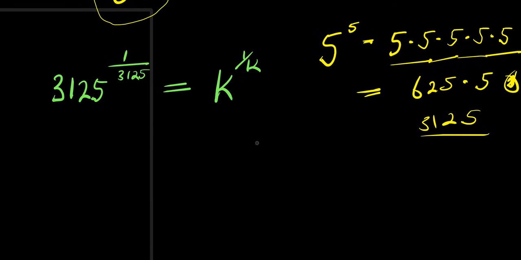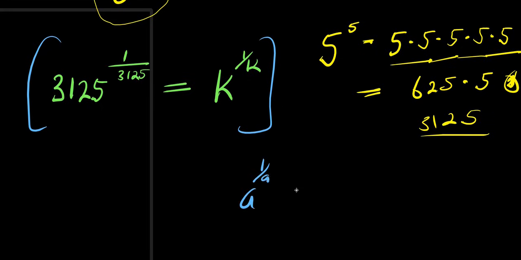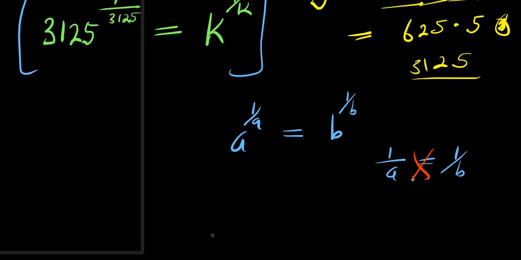Now, this is likened to this particular scenario. If you have a to the power of 1 over a equals b to the power of 1 over b, 1 over a equals 1 over b. So we can cross multiply. a times 1, that is a, equals b times 1, that is b.